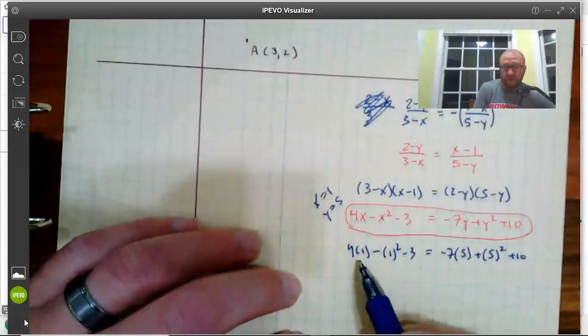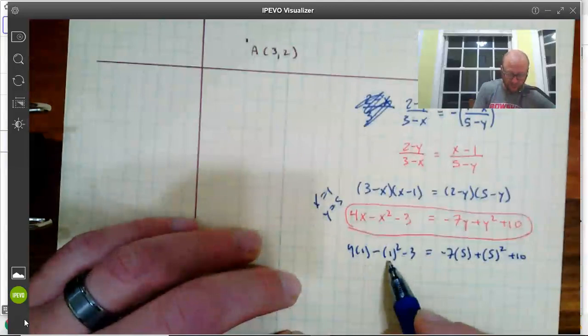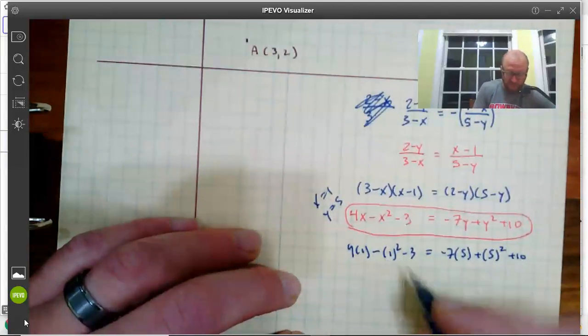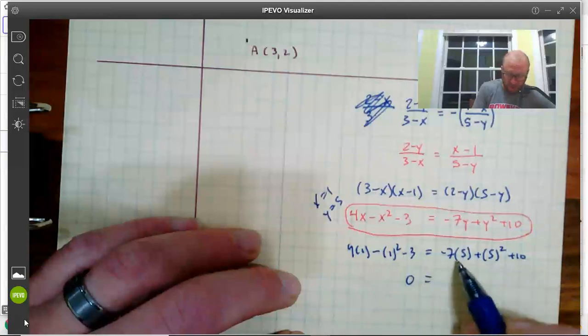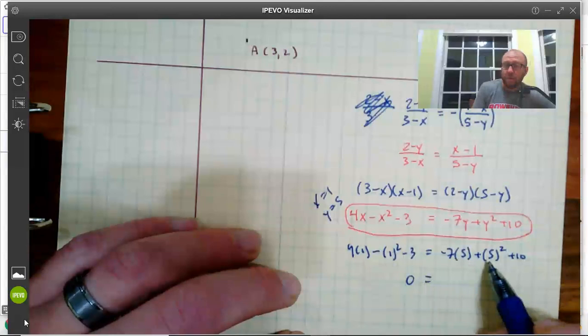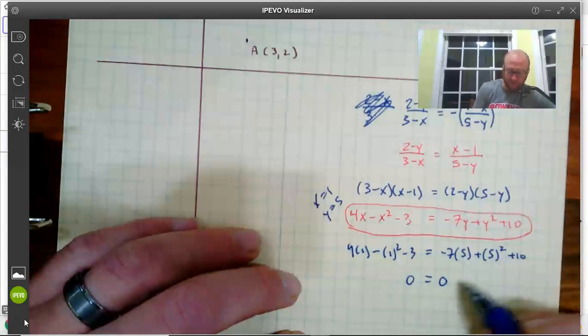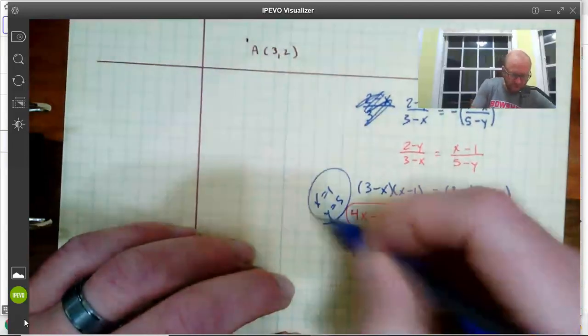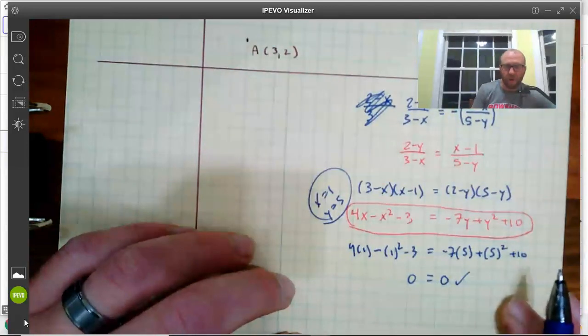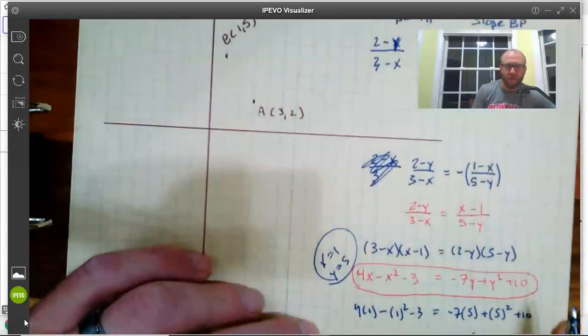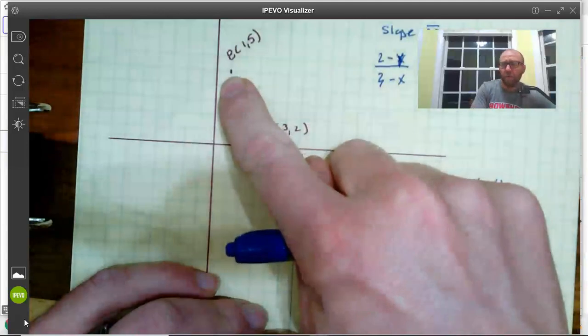That's 4 times 1 is 4, minus 1 is 3, minus 3 is 0. And this is negative 35 plus 25 and 10, that's 35, and that adds up to 0 too. So interestingly enough, x equals 1 and y equals 5 makes that equation true, and over here, that's our point B.